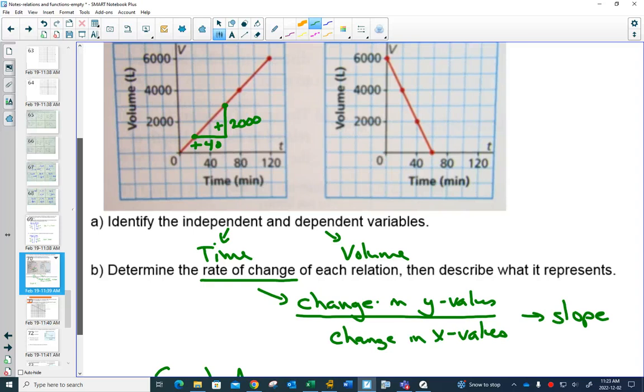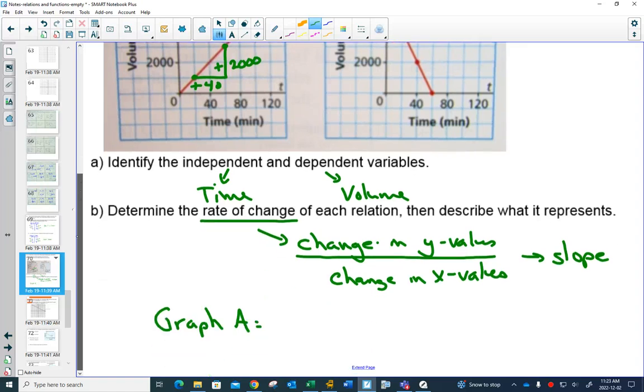Okay? So in graph A, if my y values are 2,000 and my x values are 40, can you see that this simplifies? We could simplify it to 50, or is it 500? No, it's 50.